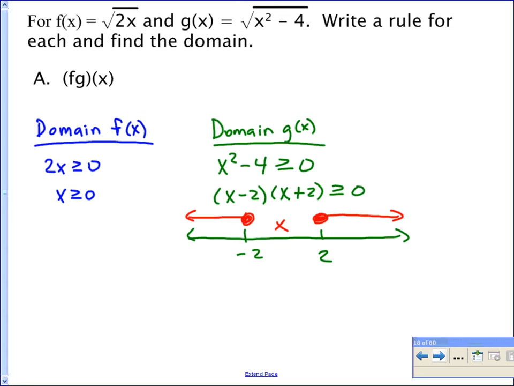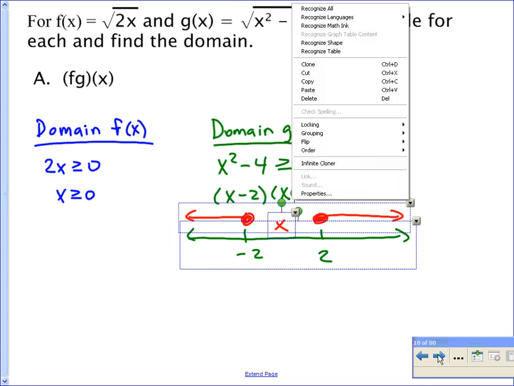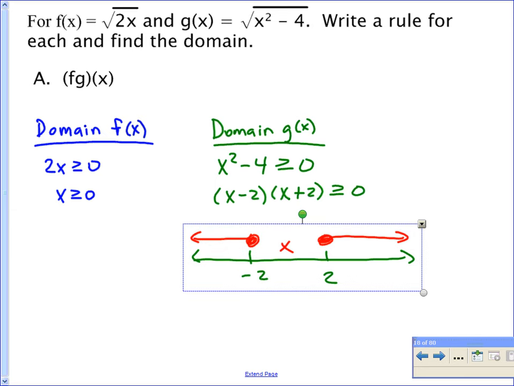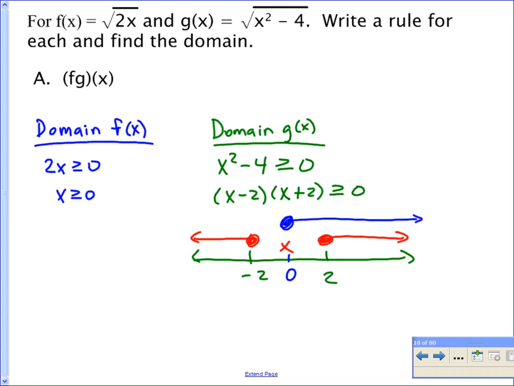Okay, so now we want to combine that with the domain of our f of x. I should have given myself more room. Since I have one number line, I'm just going to put my x is greater than or equal to 0 on that. So if this is 0, and then I've got x is greater than or equal to 0, it's going this way.